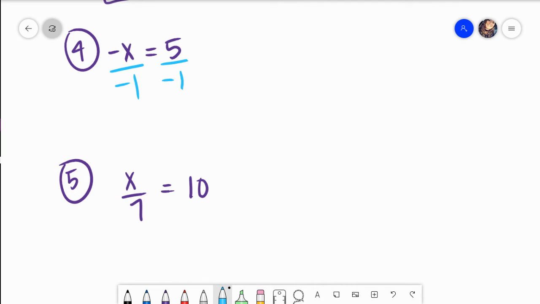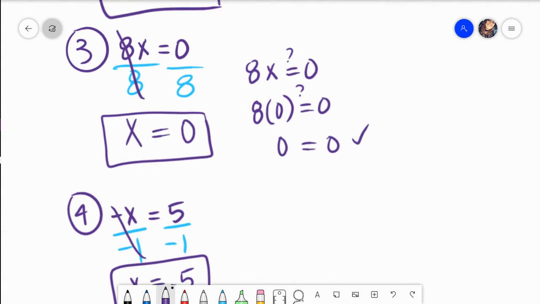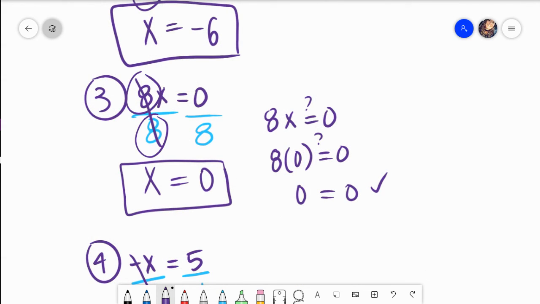What you do to one side, you have to do to the other. And if you notice here, that canceled that negative sign, and all I have is x. 5 divided by 1 is 5. Signs are different, so it's negative. So just keep in mind that when I divide, I'm using the exact same number, and I'm using the exact same sign, okay?